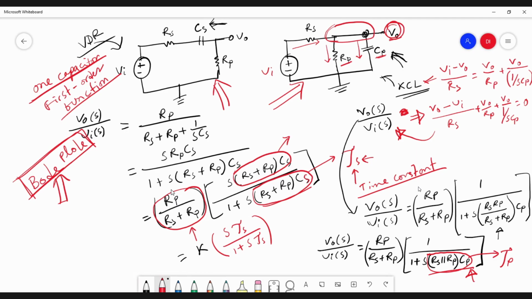You can do the circuit analysis in any way, no problem. But you should get the same result. If you do not, then there is something wrong.